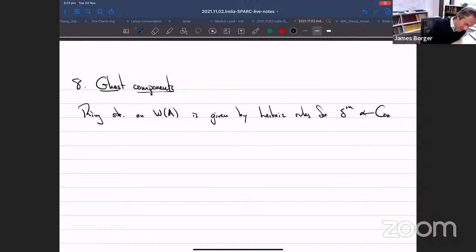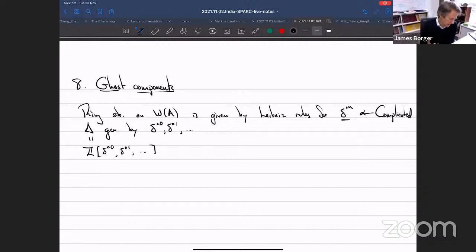You can't even write them down in closed form after n equals 1. But the only important thing was that these were the generators of delta. In fact, the way I defined it, it was just freely generated by definition by these symbols.